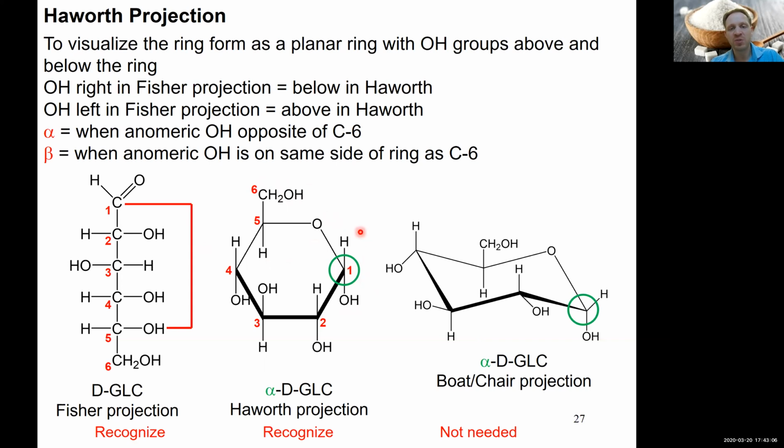And if it's the opposite, so if this hydroxy group would be facing upward, meaning in the Fischer projection it would have pointed here, then it would be the beta option. So this is how you can differentiate the Fischer and the Haworth projection, as well as the alpha and beta sugars. Last but not least, we also have a Bodé-Scher projection here.